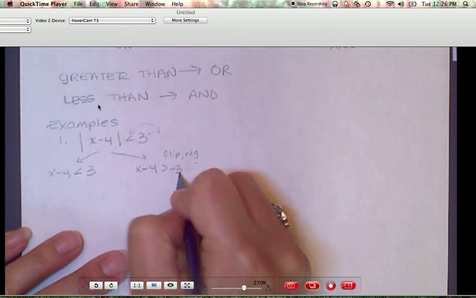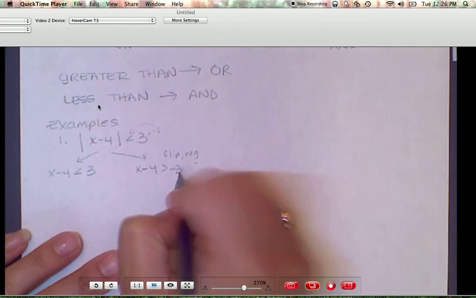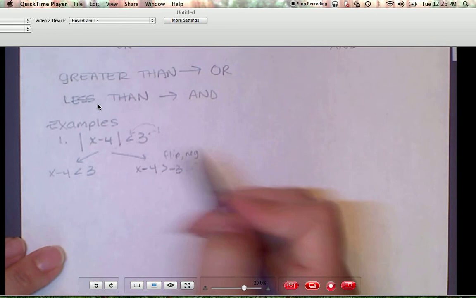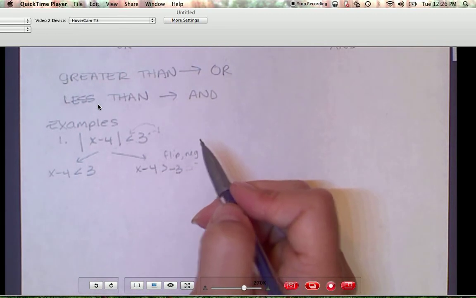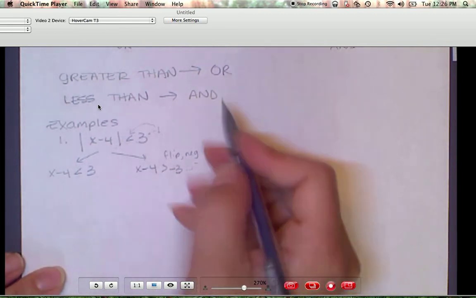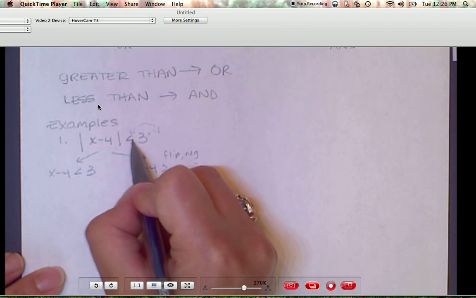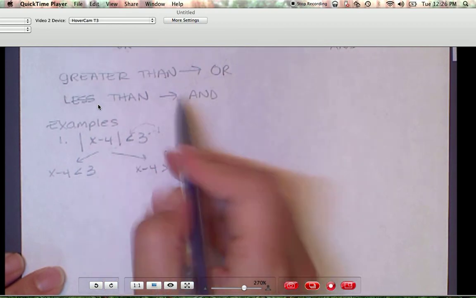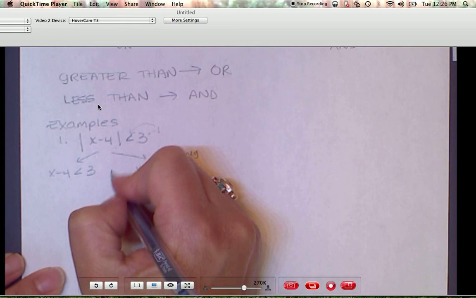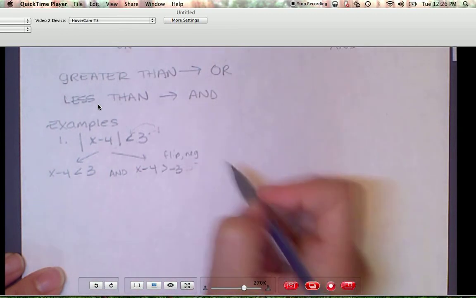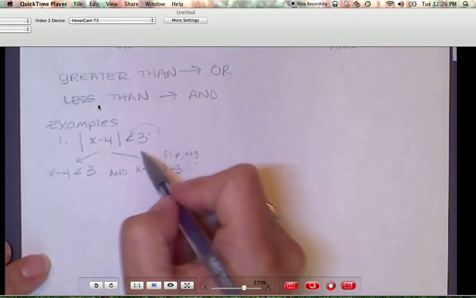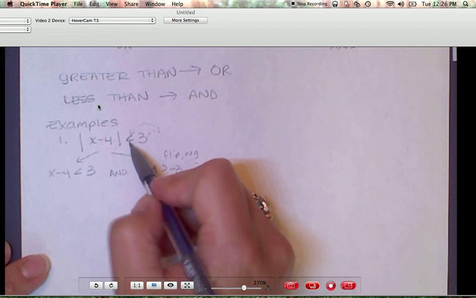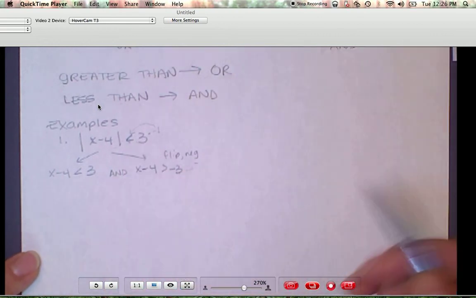Flip the sign, make this negative. Okay? This one stays exactly the same. That is the most difficult piece here, but the other thing you want to make sure you always include, if this is less than, is always an and. So from the very beginning, when you're splitting it, you should differentiate between the and and the or and make sure you write that down.